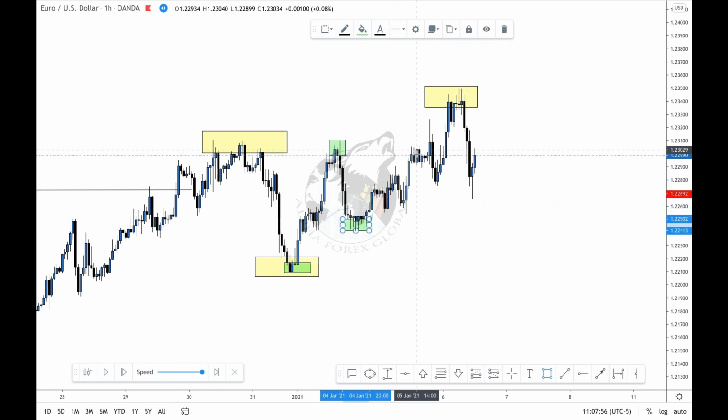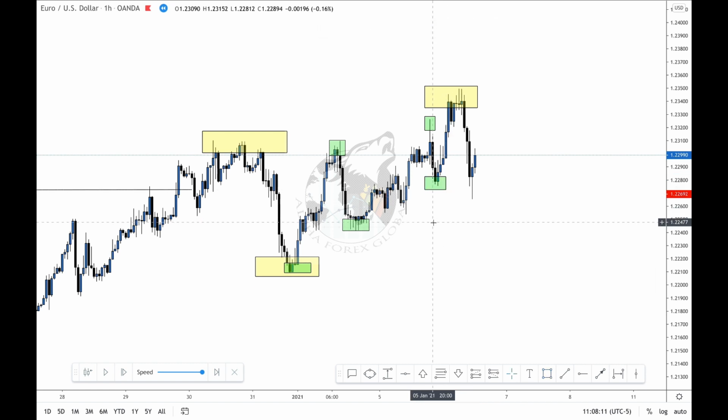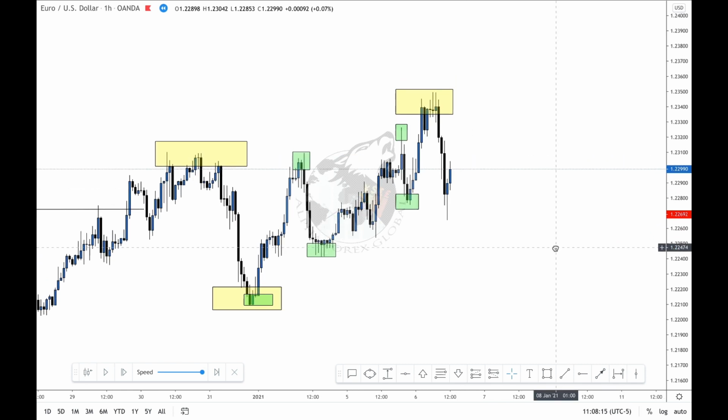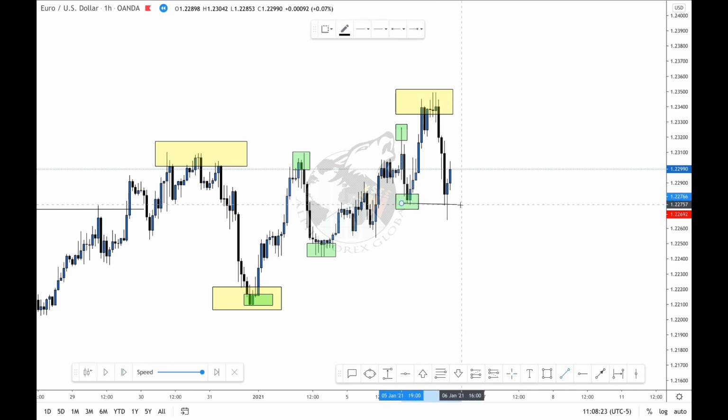Then notice which one of these structures broke this previous high, right? It was this one. So this right here would be our what? Our new high. And then this would be our what? Our new higher low, right? Now the market literally broke this higher low, which means that the market is now transitioning into a what? A downtrend, right?